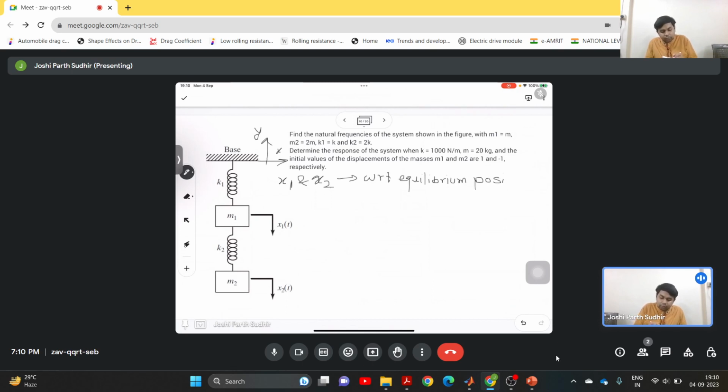In that case, we do not need to consider the effect of the weights of the system.